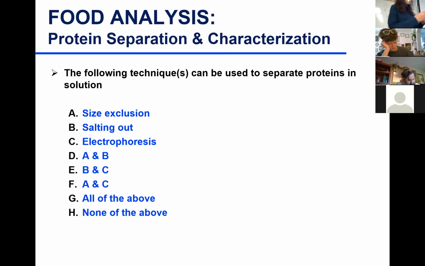That means if I want to separate the proteins and collect them for a different analysis, electrophoresis is rarely used for that purpose. Electrophoresis just tells me what different proteins I have in my sample, how different they are in molecular weight, in charge, or in their isoelectric point.